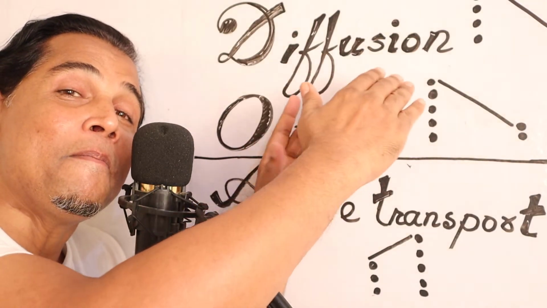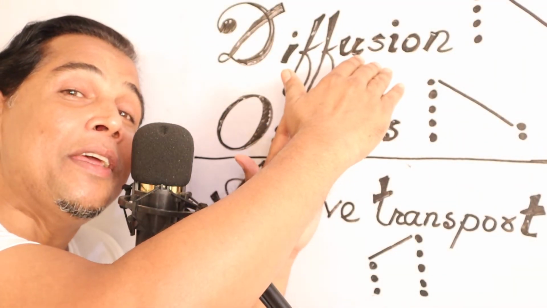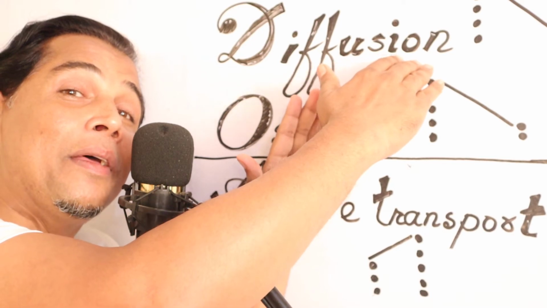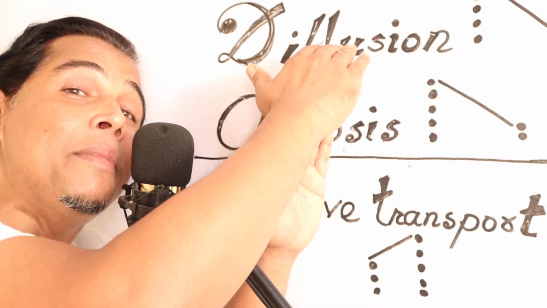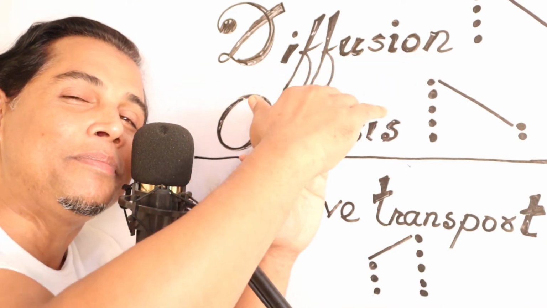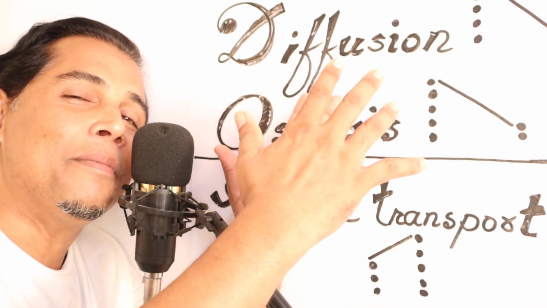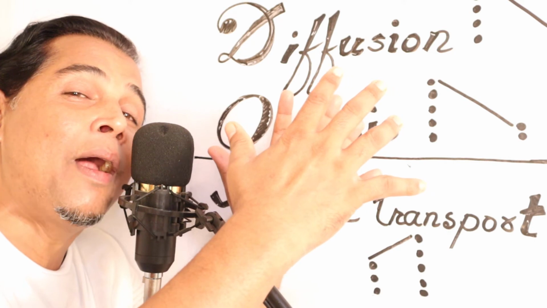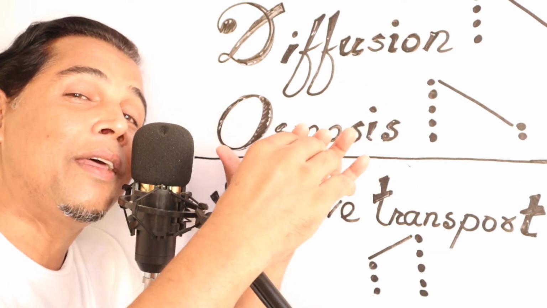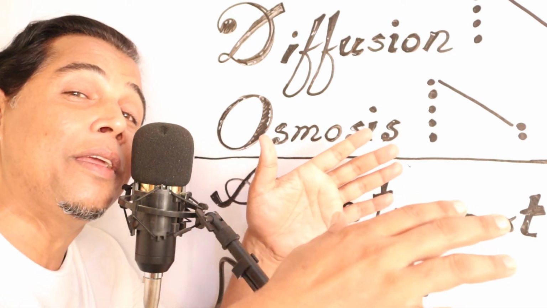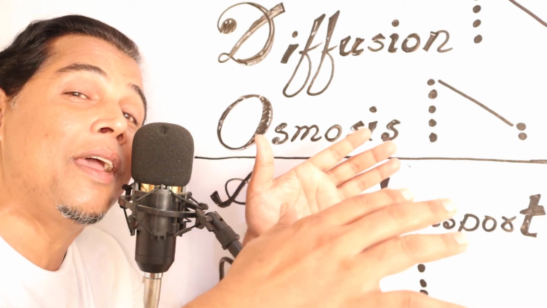So this is the random journey from higher to lower, and the process continues until it becomes equilibrium. In a water bucket, if you add a dense color, the color will start moving to the less dense area.